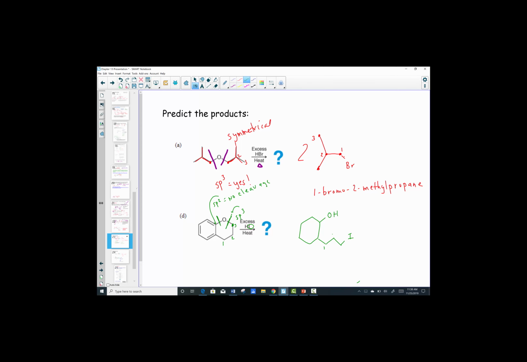So our 1, 2, 3 carbons present, we broke the bond and attached to make the alkyl halide. There, I got it. Alrighty, so that's easy enough.